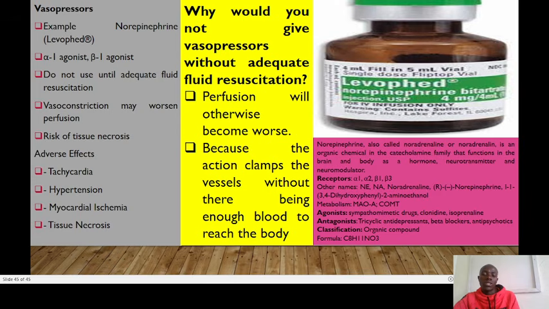Okay, because the action clamps the vessels together, without there being enough blood to reach the body. So the nurse should assess for side effects like tachycardia, hypertension, myocardial ischemia, and tissue necrosis.